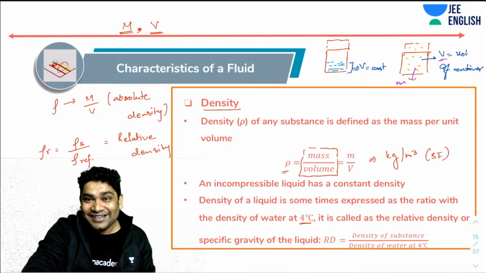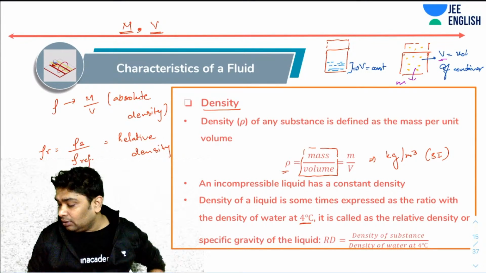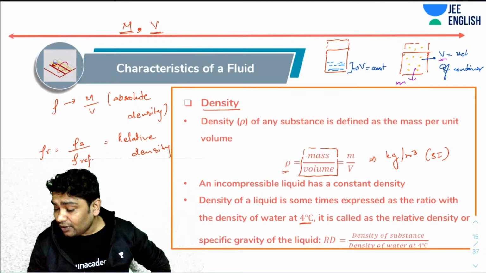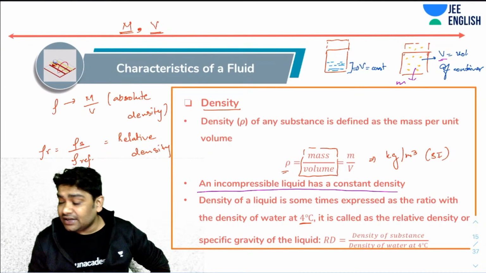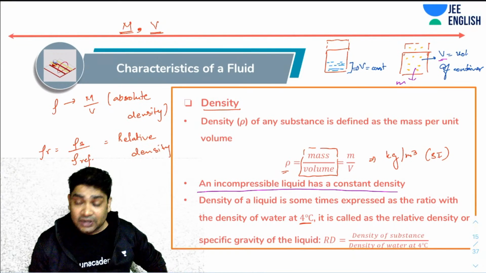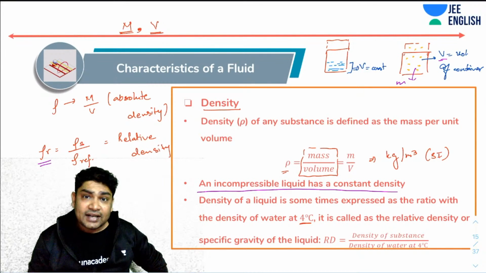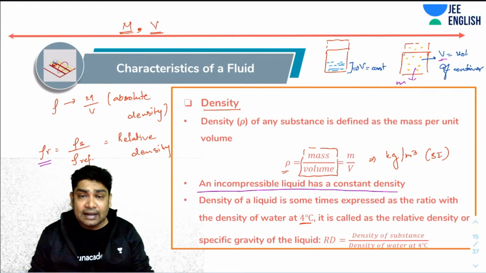All right. So as I said, for an incompressible liquid, the density is constant. Now, this is a relative density. Relative density can be defined with respect to any substance.